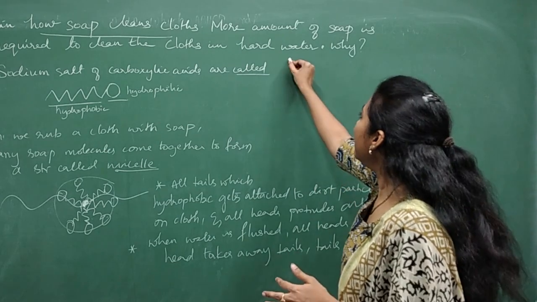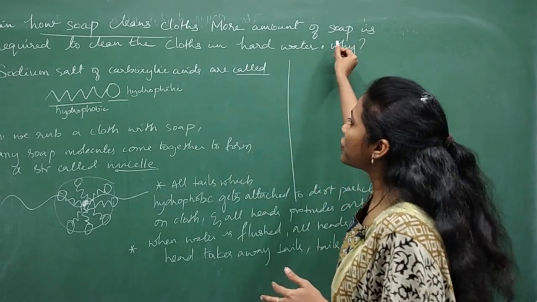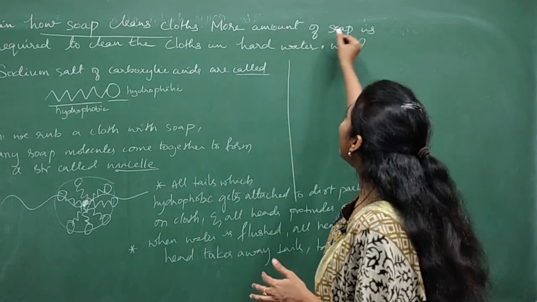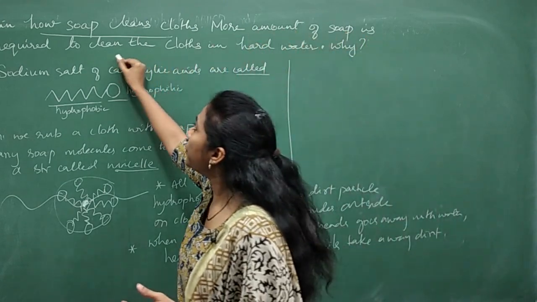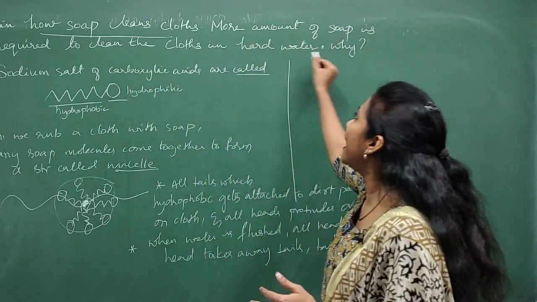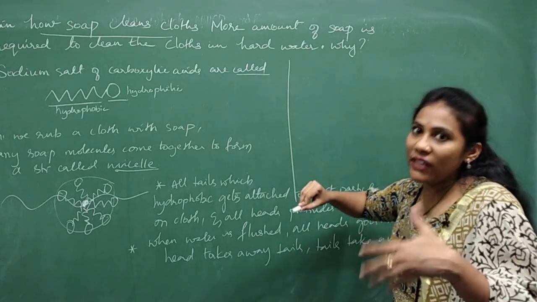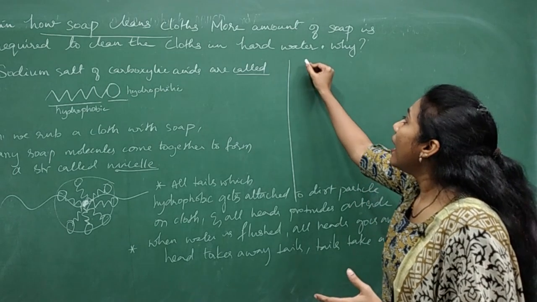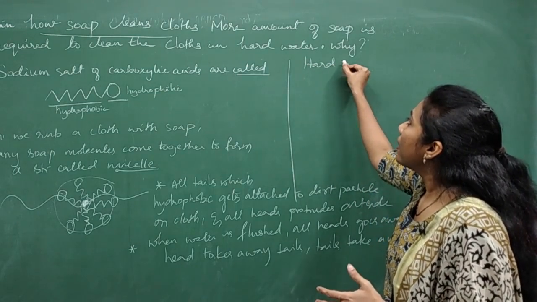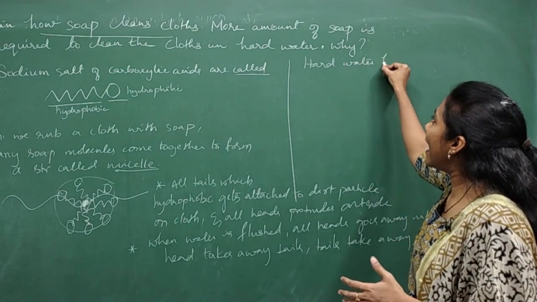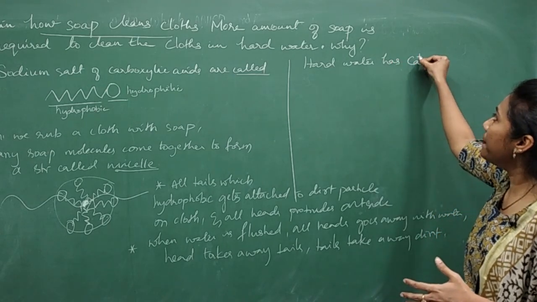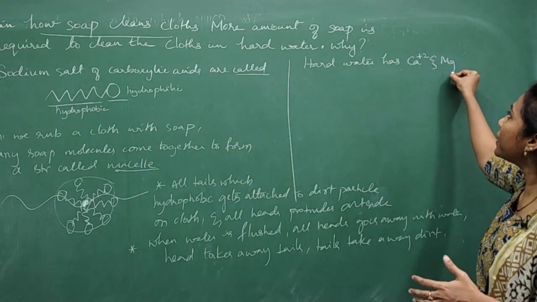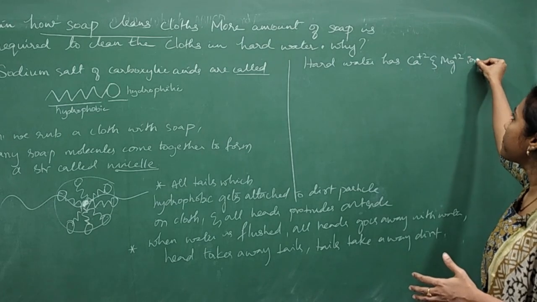Okay, and now let us go for the next part of the question. What is that? More amount of soap is required to clean the cloths in hard water, or soap will not work properly in hard water, is because hard water has calcium +2 and magnesium +2 ions.